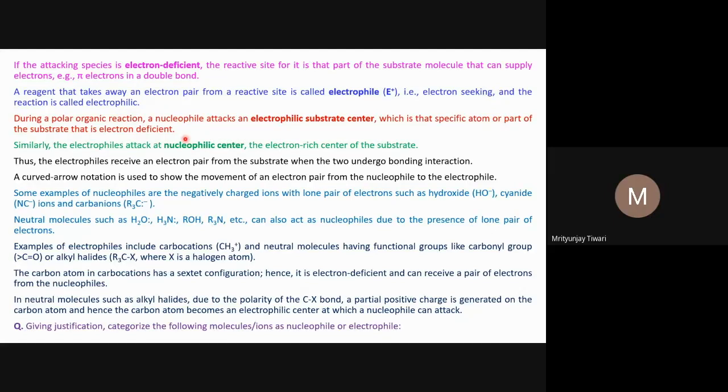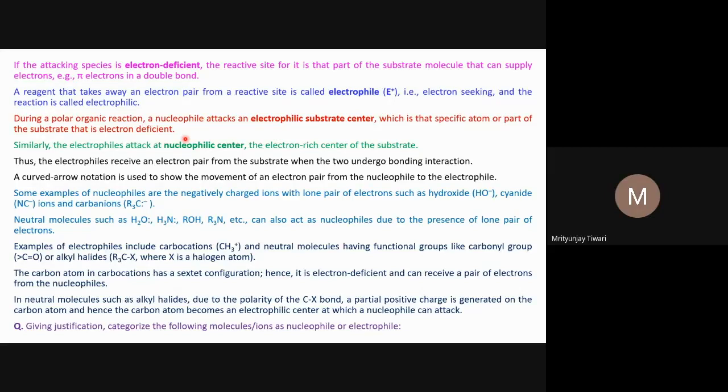And what are the examples? We'll see, like the alkyl halides. Halogen atoms are connected to a certain carbon atom in that molecule, and that carbon atom has an electron deficient center because the halogen atoms have very high electronegativity, and because of it they pull electron density away from the carbon center, and the carbon center becomes positively charged.